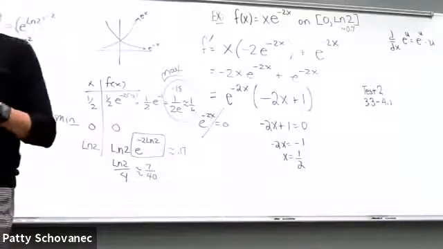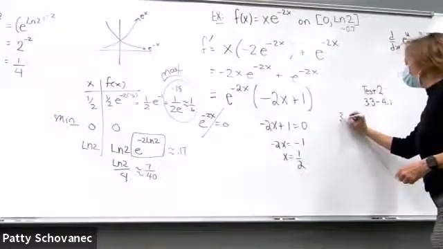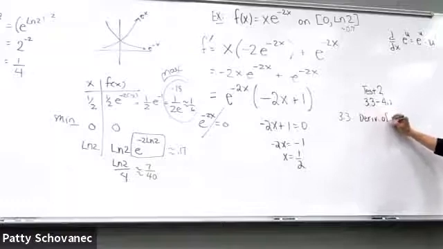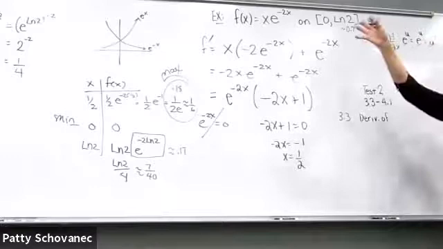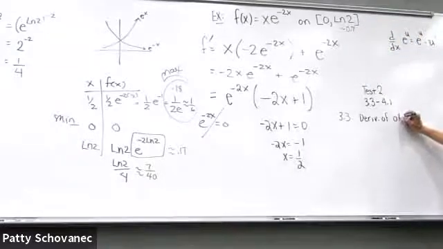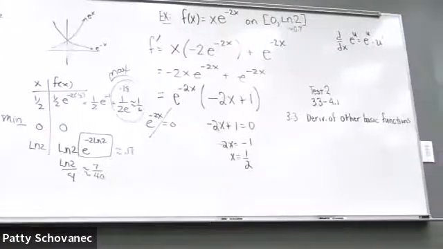And nobody stopped me. So let's go through the organization again. Section 3.3 was the derivatives of the other functions, our 6 trig functions, e to a power, and the natural log function. Those were the basic functions, just of x. We didn't get to the chain rule until section 3.5.